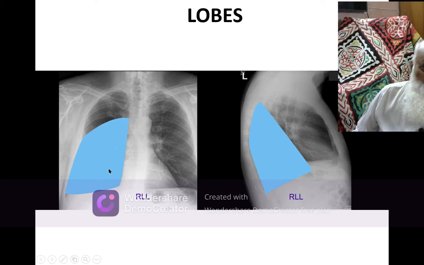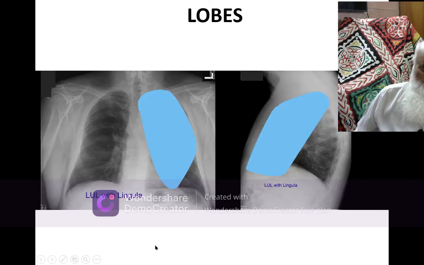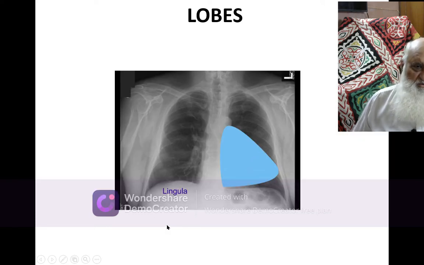On the left side there are two lobes, the left lower lobe and the left upper lobe, which includes the lingula. The lingula is this here. So it is difficult for us to describe the demarcation line. You have to penetrate very, very deeply, then you can understand. Otherwise, this is very difficult for a clinician. This is the easy one.